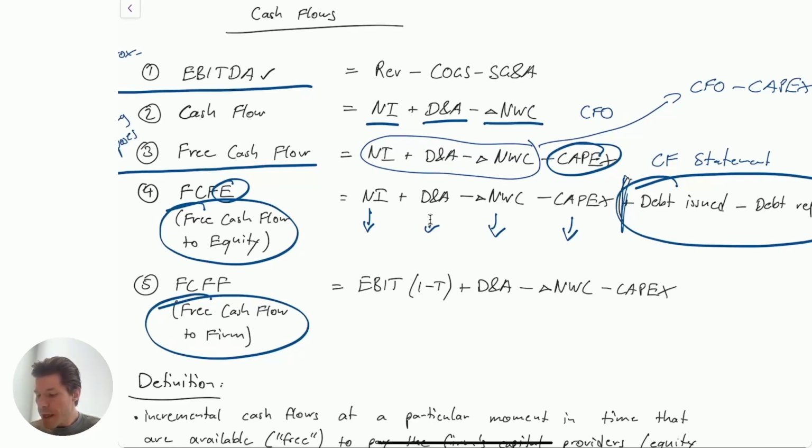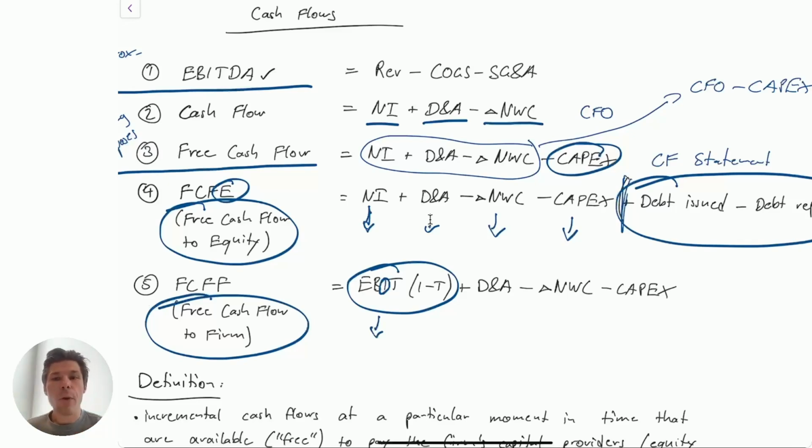When we talk about free cash flow to the firm, we are not starting with net income, we are starting with EBIT. The reason is EBIT has not yet excluded interest payments. Interest payments are already payments to your debt holders.